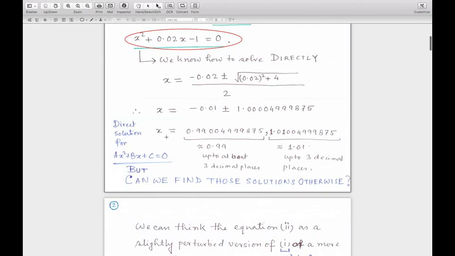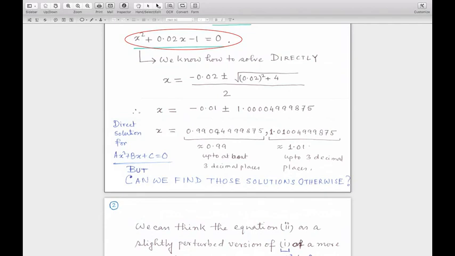Now what will be the values of x? The roots of x will be simply 0.99004999875 and 1.01004999875. If you take the result correctly up to 3 decimal places, it will give you 0.99, because 3 decimal places means the 49 will be rounded off by the 5 over here.